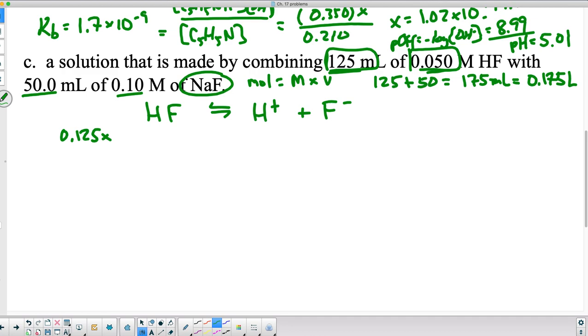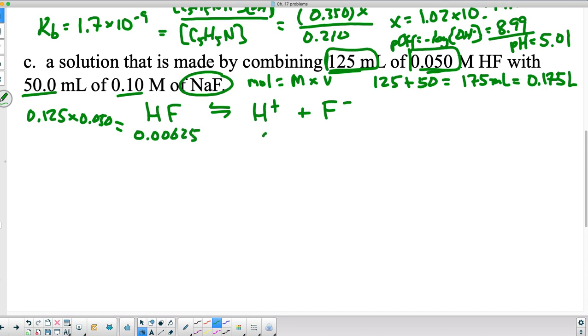That's liters times the concentration, like that. And what that equals in moles will be 6.25 times 10 to the negative third. In other words, when I do this, I get that.